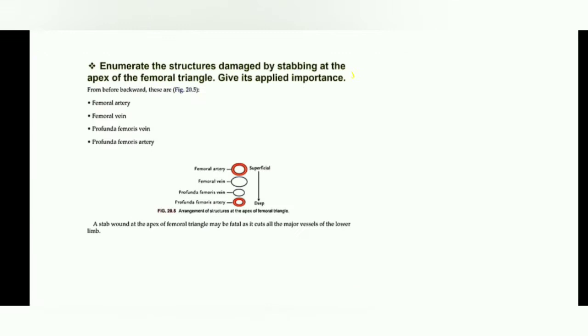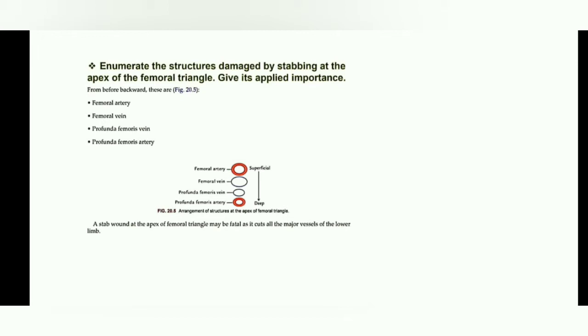Next question. Enumerate the structures damaged by stabbing at the apex of the femoral triangle and give its applied importance. So from before backwards, these are femoral artery, femoral vein, profunda femoris vein, and profunda femoris artery. Profunda means deep. Wherever there is the use of the word profunda, it means deep.